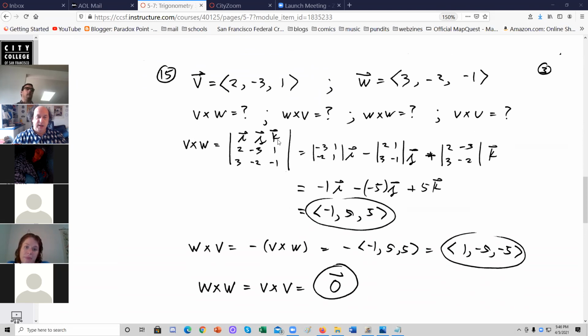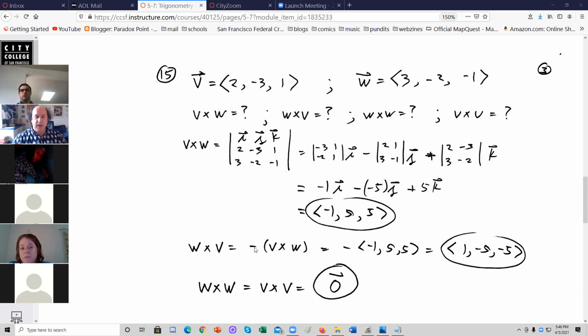You're going to have i times the determinant of negative 3, 1, negative 2, negative 1, minus j times the determinant of 2, 1, 3, negative 1, plus k times the determinant of 2, negative 3, 3, negative 2. After working this out, it'd be negative 1i minus negative 5j plus 5k. So negative 1, positive 5, positive 5.